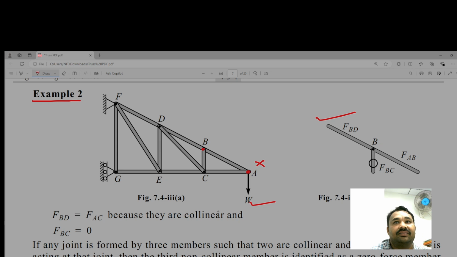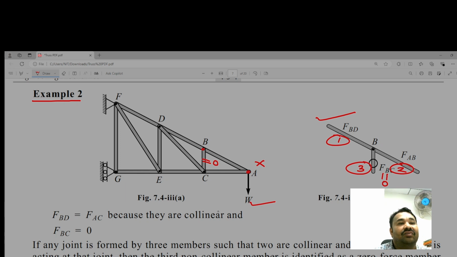See here, two members, this one and this one, both are collinear, but the third member is not collinear. That's why this force member, that is the internal force, is equal to 0.